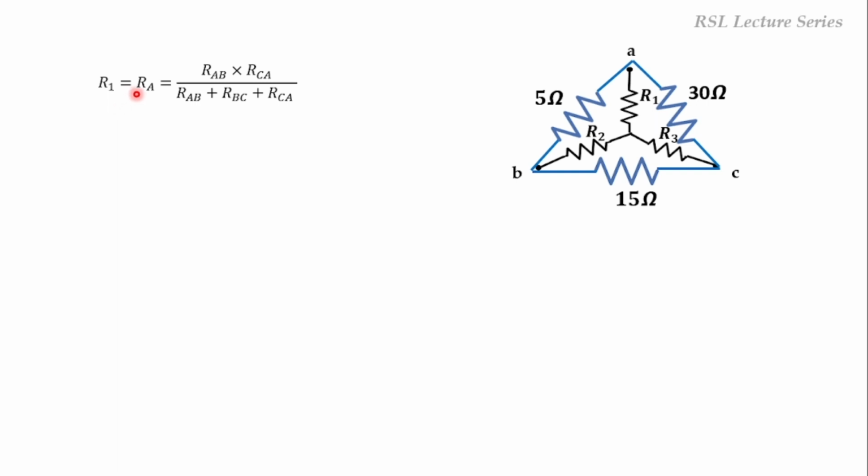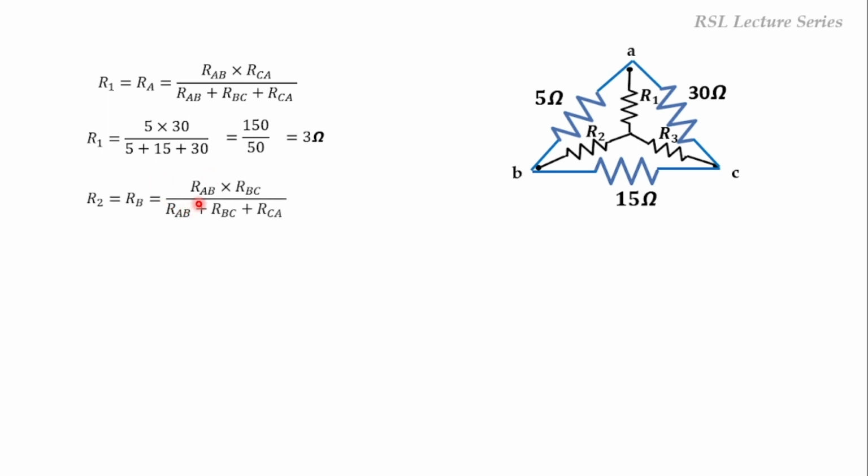To find RA, that is R1, we multiply the adjacent resistors and divide by the sum of all the resistors. Here the adjacent values are RAB into RCA divided by the sum of all the resistors, that is 5 into 30 divided by 5 plus 15 plus 30. On simplification, we get 150 divided by 50, which is equal to 3 ohms.